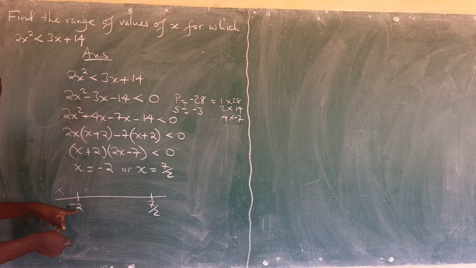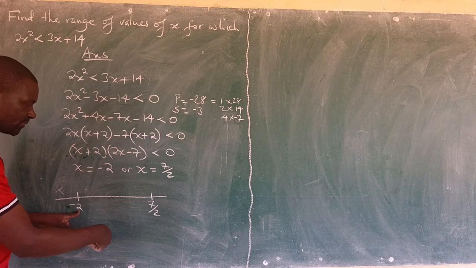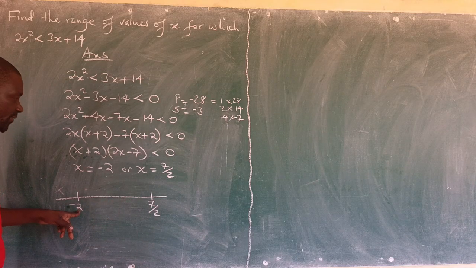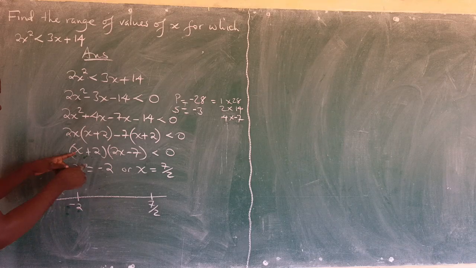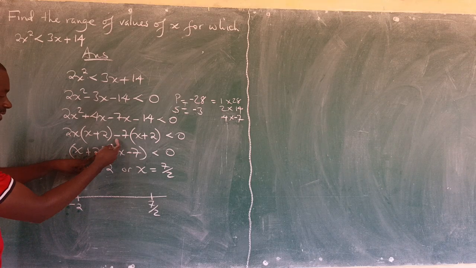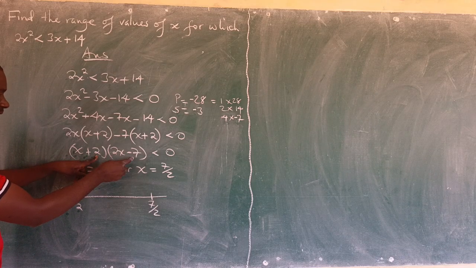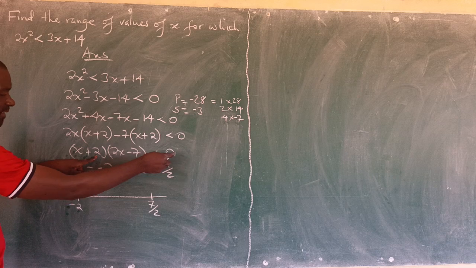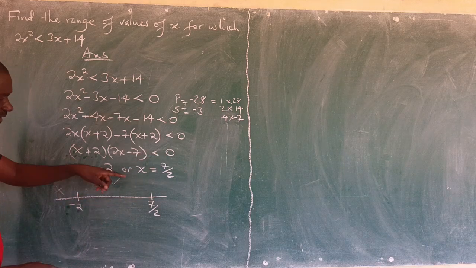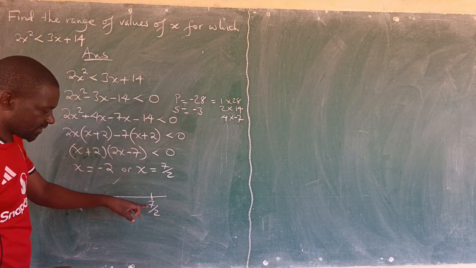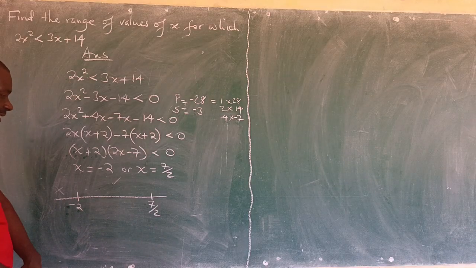Then we pick a number between negative 2 and 7 over 2. The simplest we can pick is 0. So if we pick 0, 0 here gives us this one as 2. Then here if it is 0, it will be negative 7. 2 times negative 7 is negative 14, which is less than 0. So here we are okay. Let's just test. 7 over 2 is roughly 3.5.